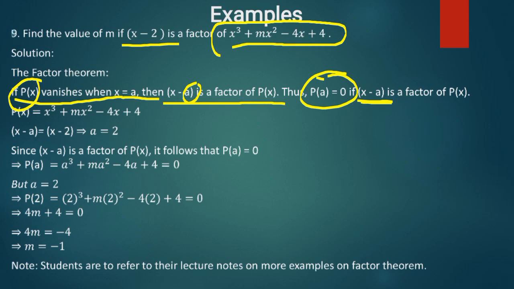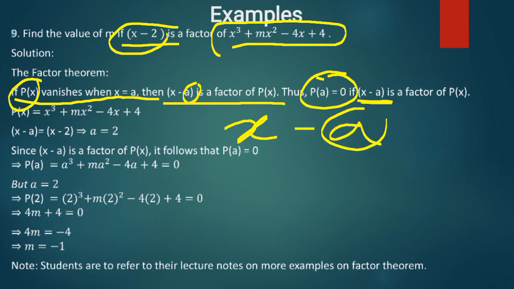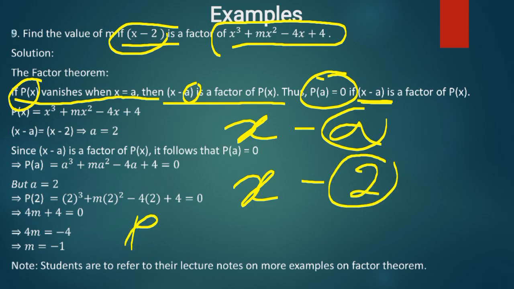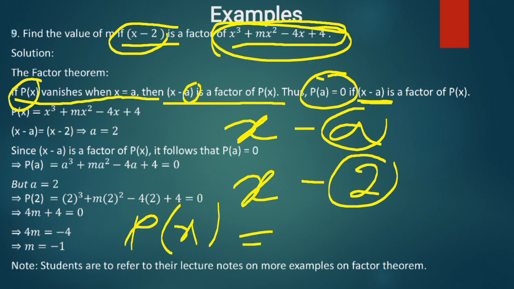So we're told to find m, and we're told that x minus 2 is a factor of our polynomial. If it's a factor, it means that when we had x minus a, we plugged in a and the polynomial went to 0. Now we have x minus 2. It means that if we plug in 2, our polynomial p(x), which is all of this, will be equal to 0.